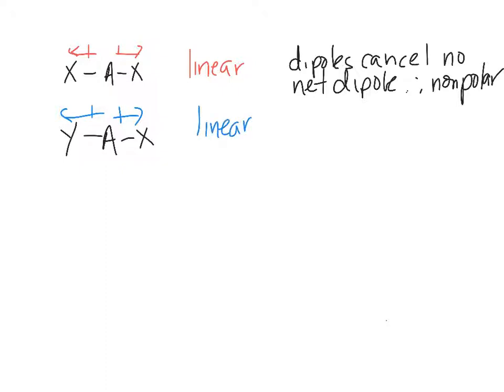So now we've got X and Y as our atoms. They don't have the same electronegativity. So what do you think? Are the dipoles going to cancel? They're not going to cancel. So net dipole, therefore polar.